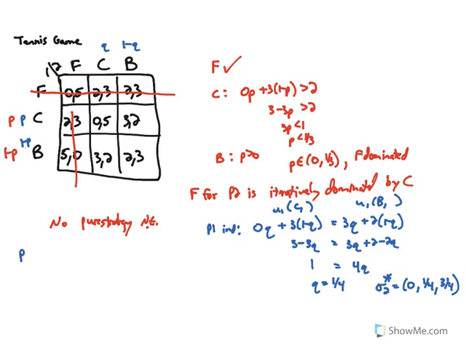And to keep player 2 indifferent, we are going to need that 5P plus 2 times 1 minus P, the expected utility of playing C, is equal to the expected utility of playing B, and so 2P plus 3 times 1 minus P.